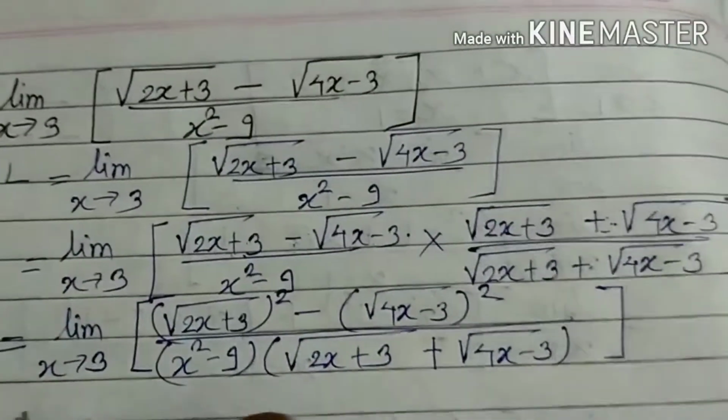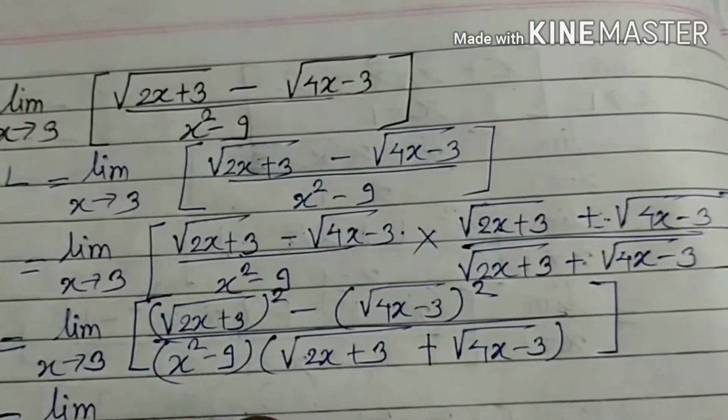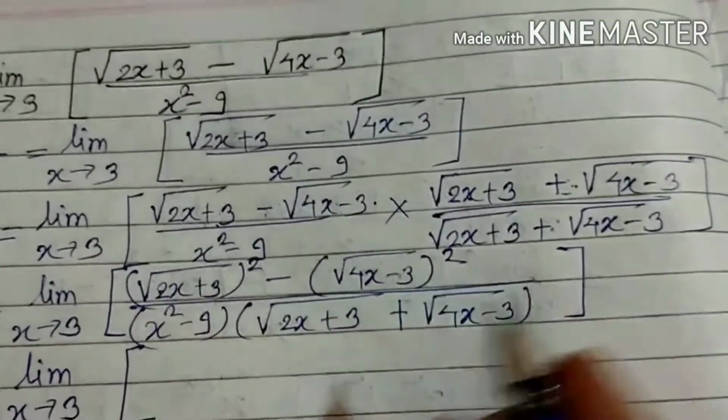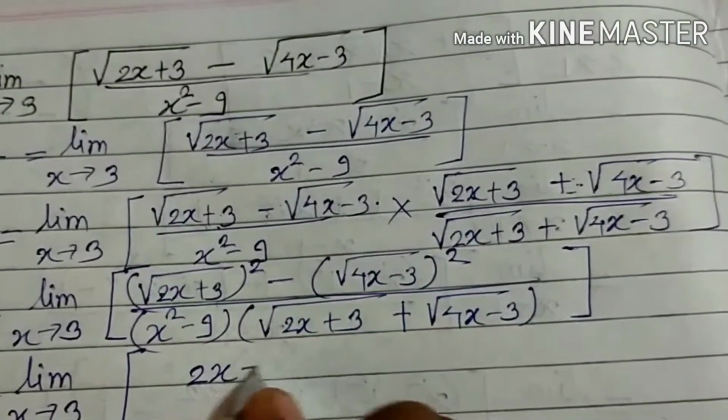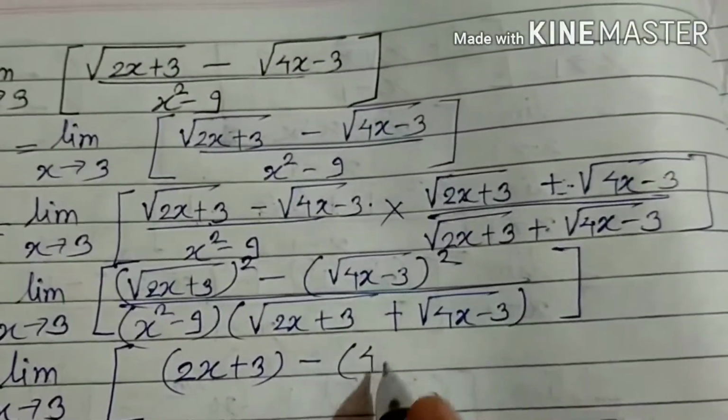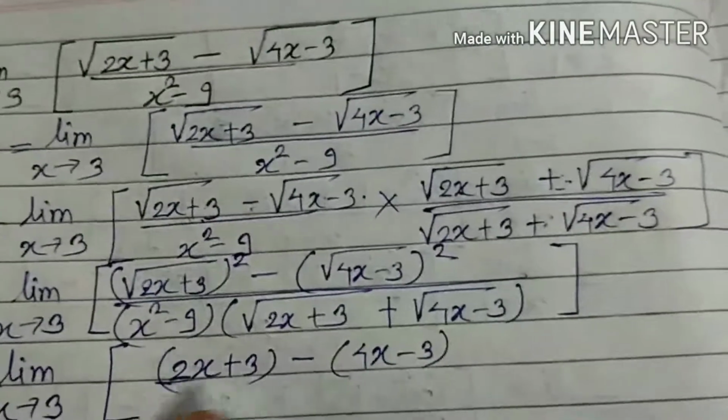So you can observe that this is square root and square, and we know that square root and square get cancelled. So it is 2x plus 3, and now take bracket minus 4x minus 3.